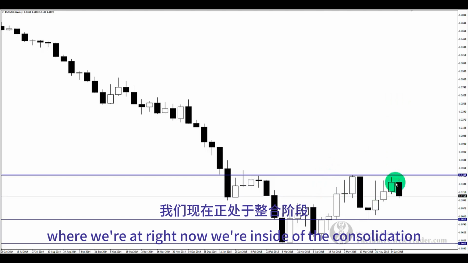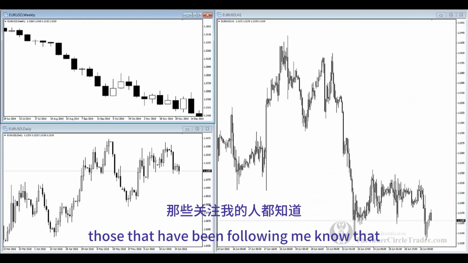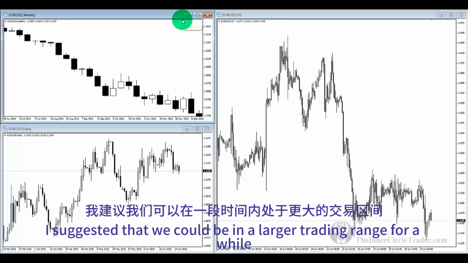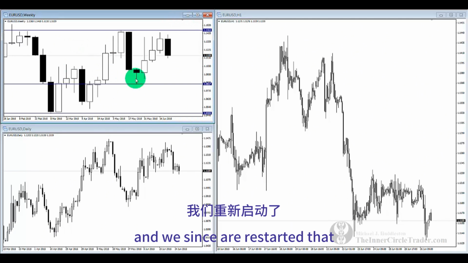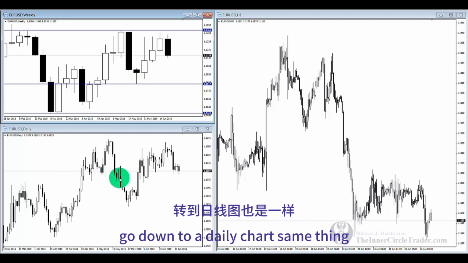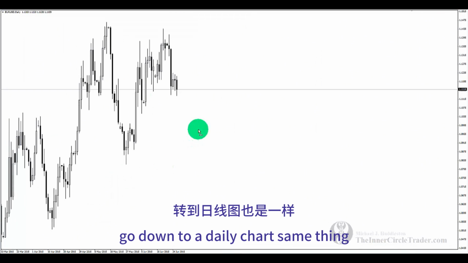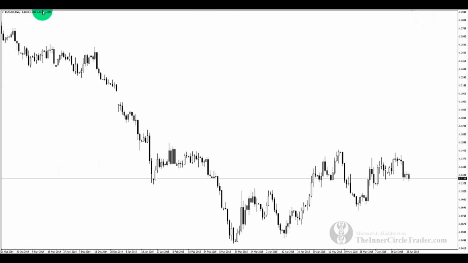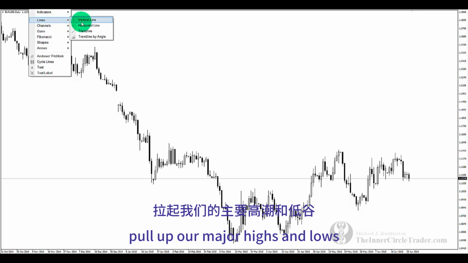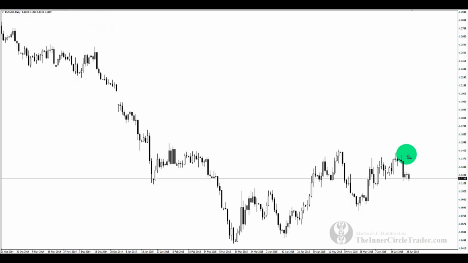We're inside of the consolidation, and those that have been following me know that I suggested that we could be in a larger trading range for a while, and we've since already started that. We go down to a daily chart, same thing. Pull up our major highs and lows. We have a high here.